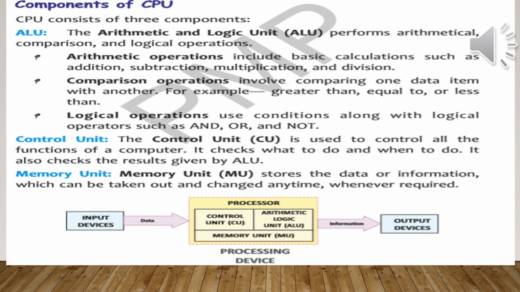Whatever input is given by the user will be handled by the control unit. What work is to be done on this data will also be decided by the control unit, and the result coming from the ALU will also be handled by the control unit.